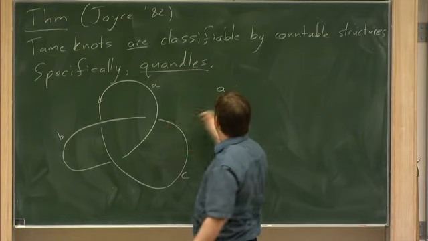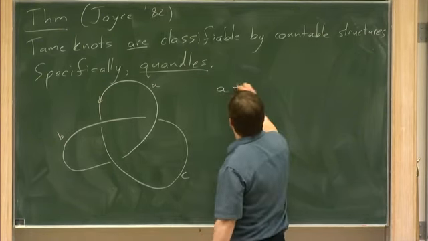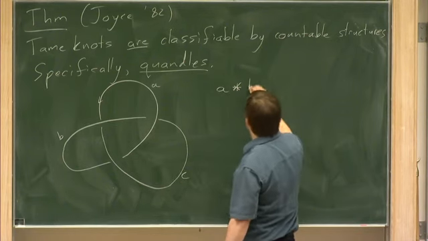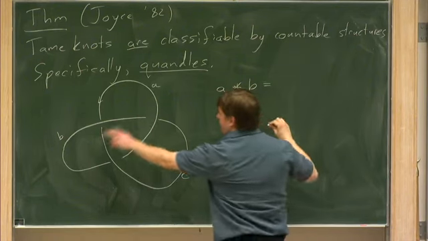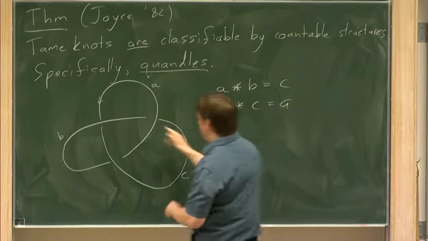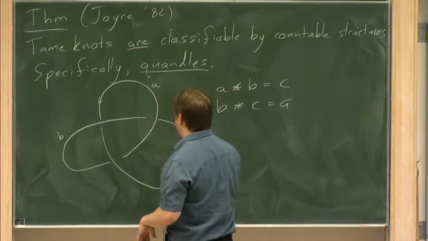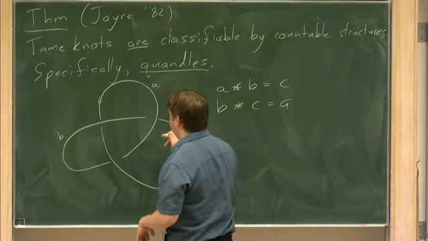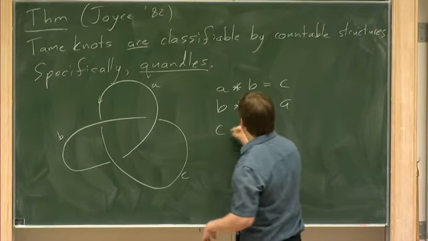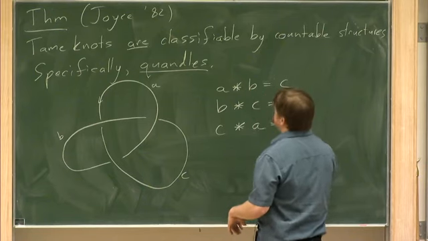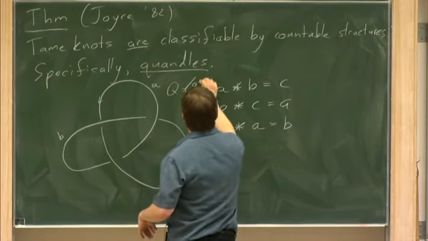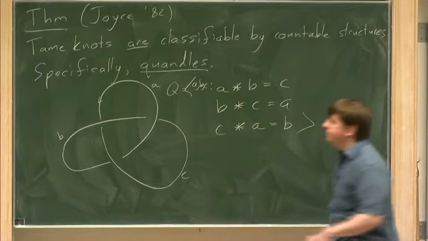But the gist of it is that you have A going under B gives you C, and that corresponds to your quandle having three generators, A, B, and C, and then you have relations A star B is C, B star C equals A, and C star A is B. A under B is C, B under C is A, and C under A is B. So the quandle for this knot is generated by A, B, C with these relations.